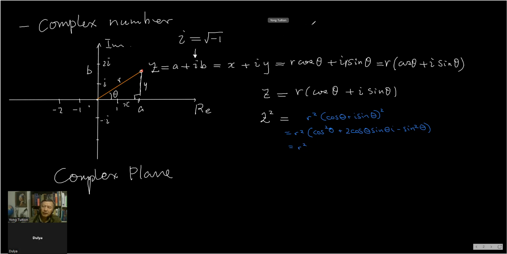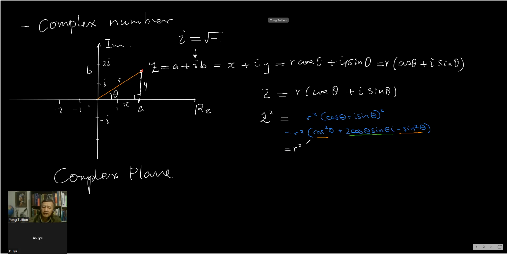Can you put the real part? So this is real, this is real. Can you put the real part together? And the other is imaginary. Can you see this is imaginary? How do I put them together? Just write them together. So I'll show you.